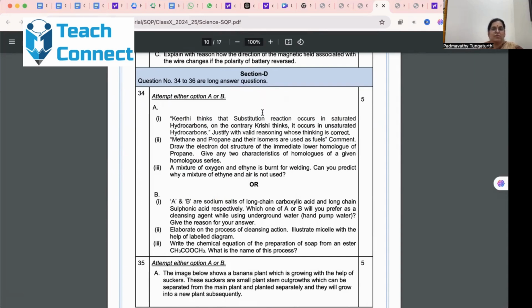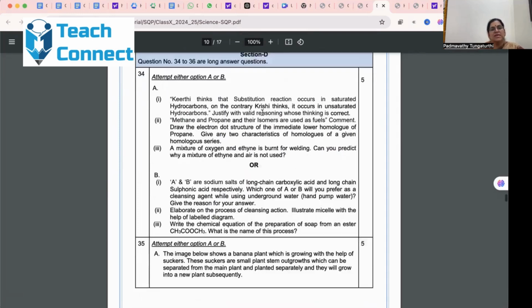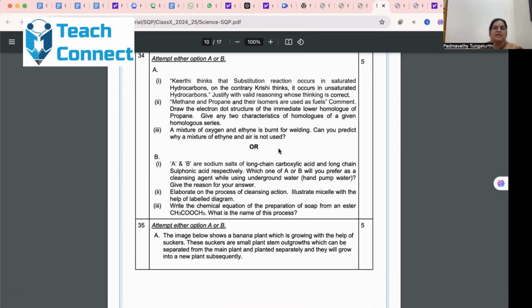They are long answer questions, but long answer questions are always broken up into various parts. That's how substitution reaction here, question number 34, either A or B. Substitution reaction. How saturated hydrocarbons, on the contrary, unsaturated hydrocarbons, justify the valid reasoning.